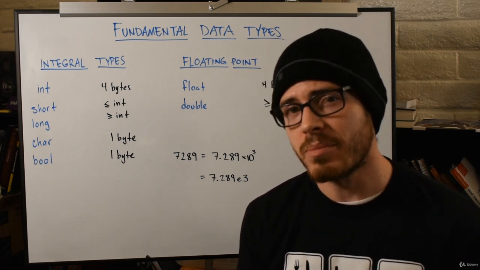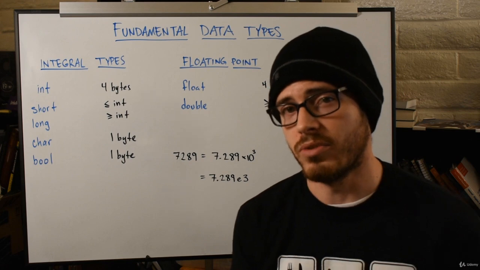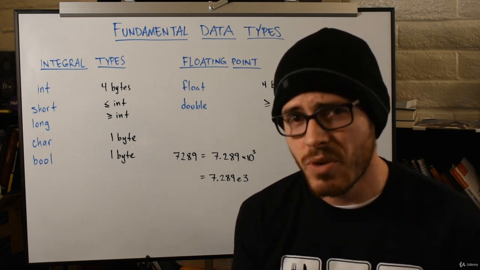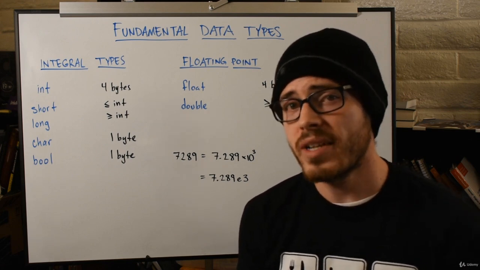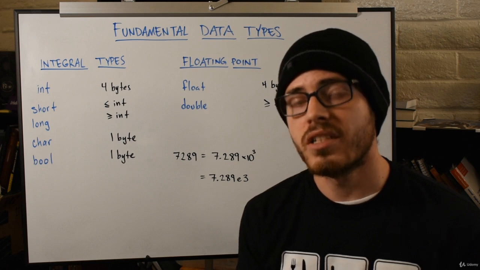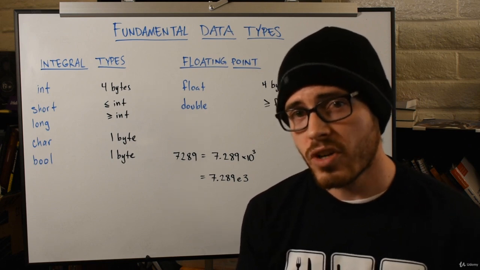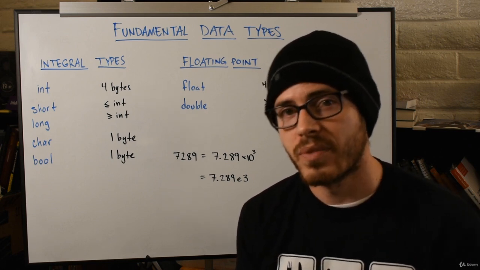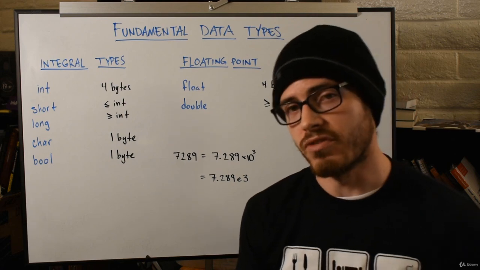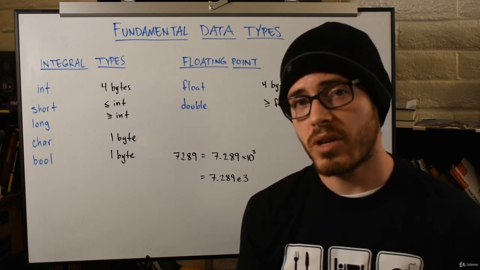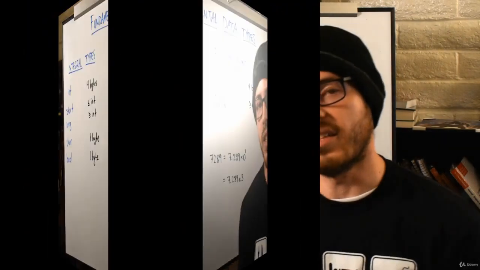Now the void data type describes a set of empty values, and no variable of type void can be specified. Void data types are mainly used to describe the return type for functions that don't return anything. But we'll talk more about functions in the future. For now, let's talk about the integral and the floating point data types.